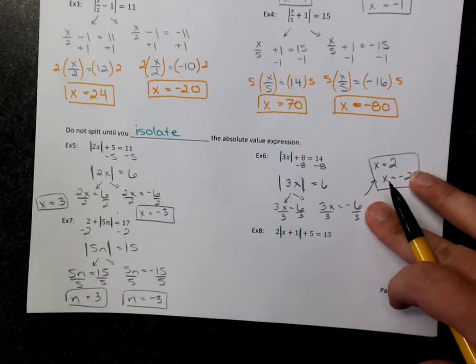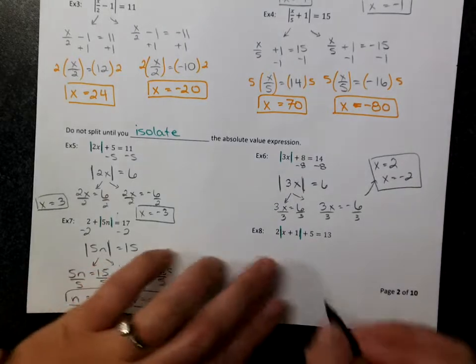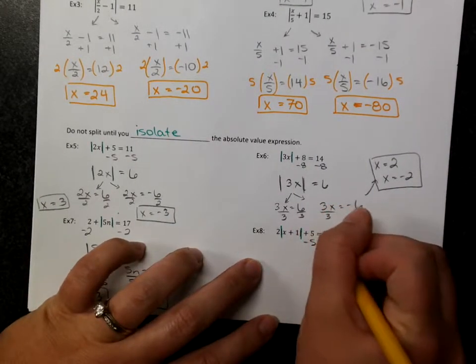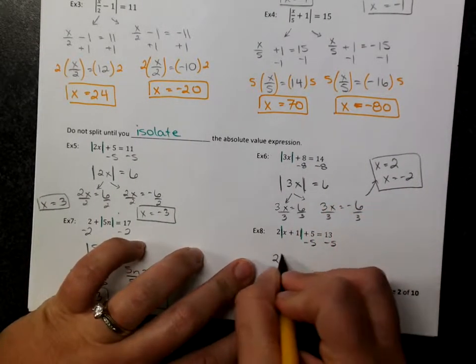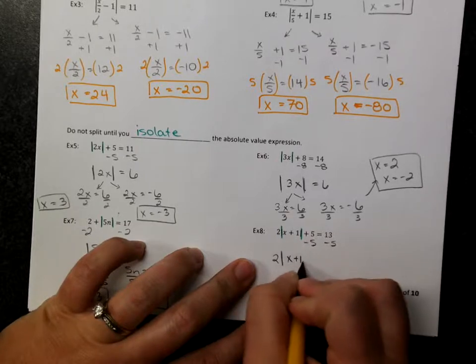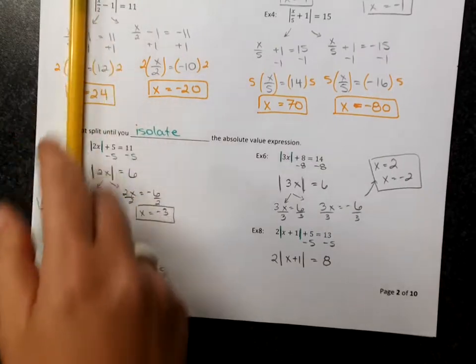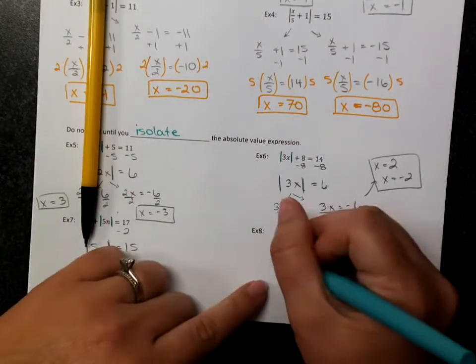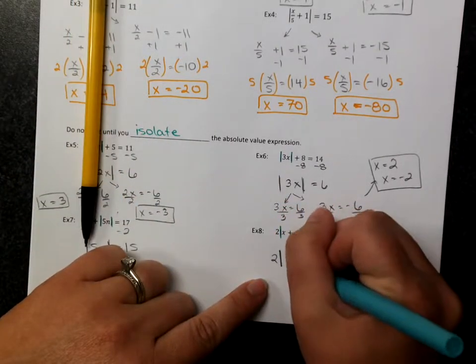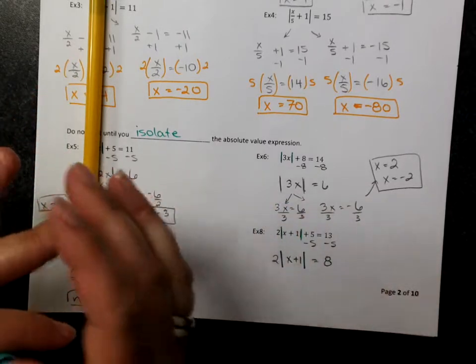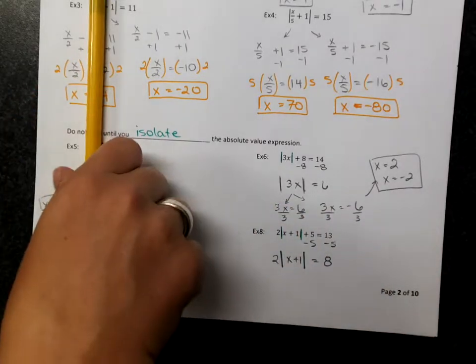On example 8, there's a couple things we have to look at. We need to move that 5. We have 2 times the absolute value of x plus 1 equals 8. A lot of students are tempted to distribute the 2, but these are not parentheses. Your brain thinks they are because they look similar, but they're not parentheses.